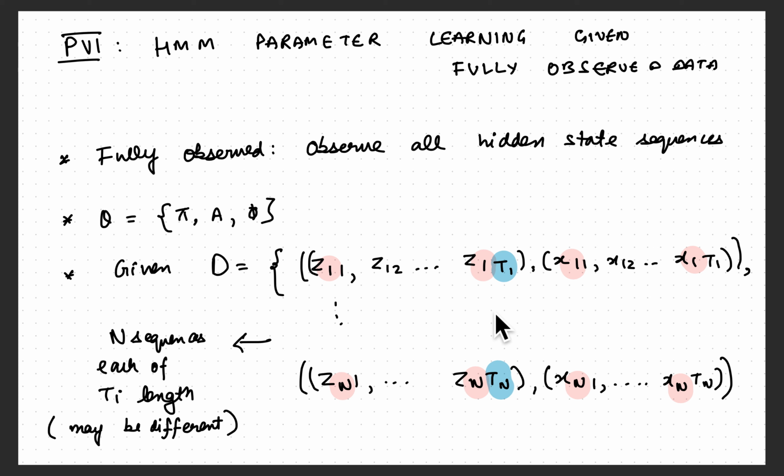For most of the other algorithms that we had seen, the data was a fixed number of features, but now you can have variable length time series. This is where HMMs come into their own. You can still learn the parameters and predict even for sequences of different lengths. So each of the Ti here could be different.